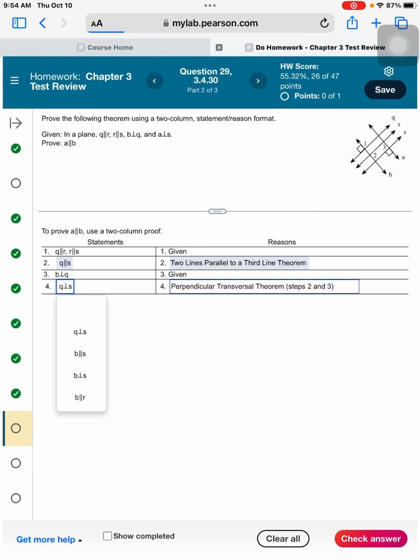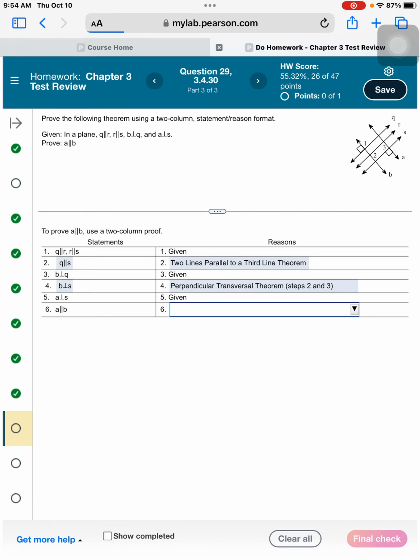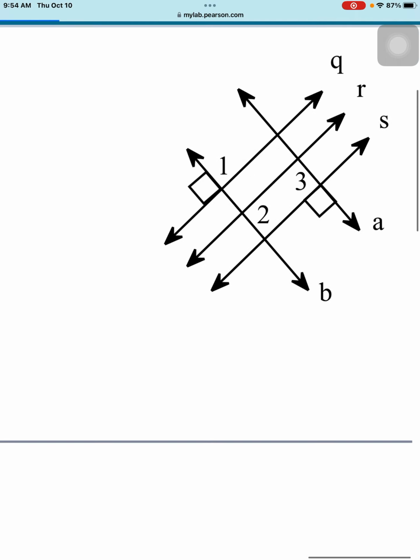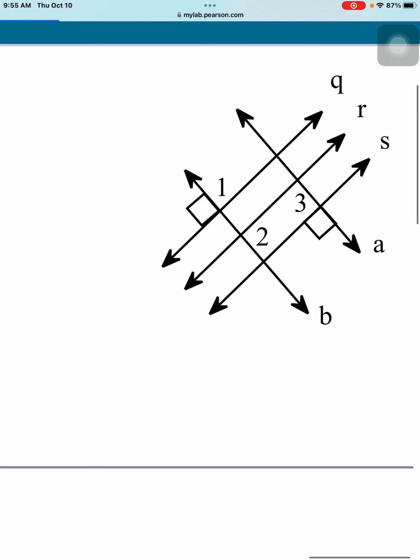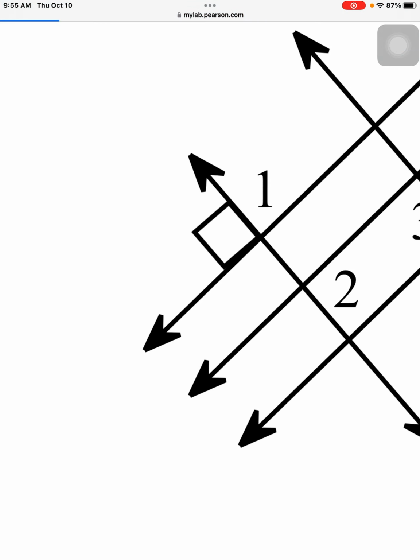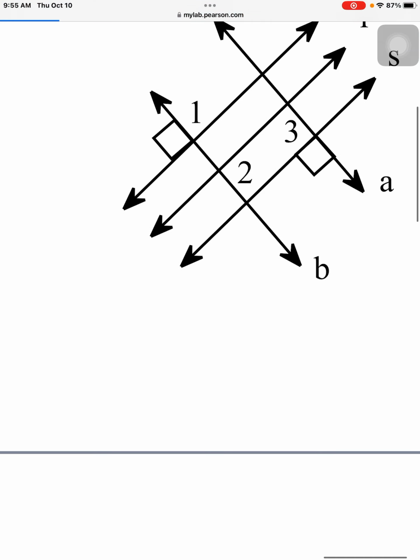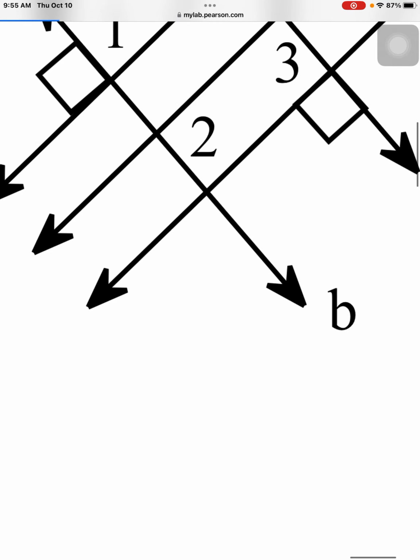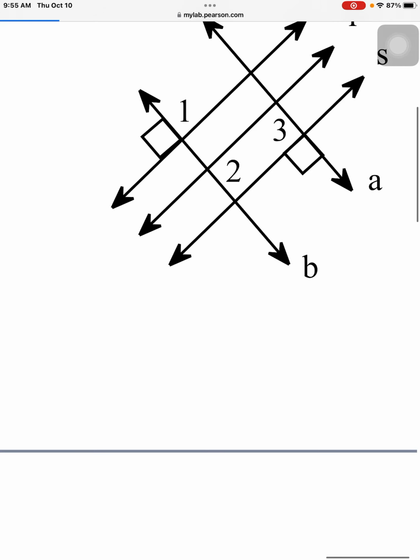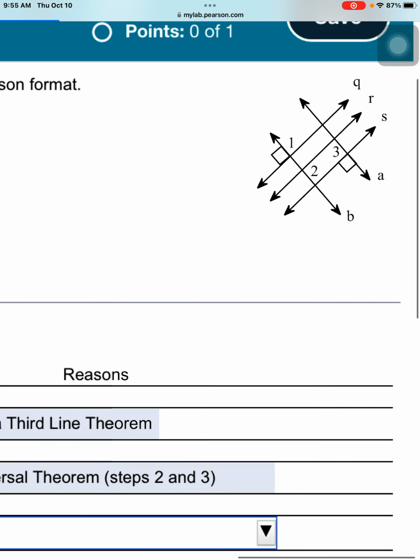B and S are definitely not parallel. Oh, it's B and S. So guys, the reason for this is that if B and Q are perpendicular, B and Q right here, then I know that B and S right here had to be perpendicular as well.